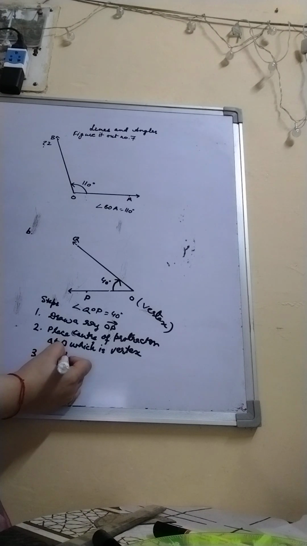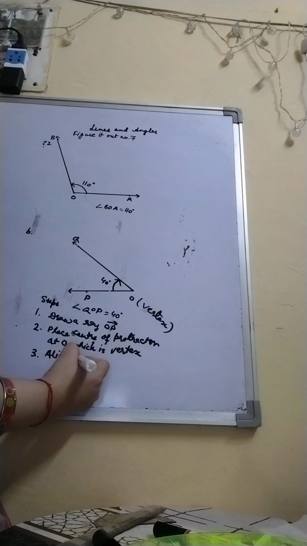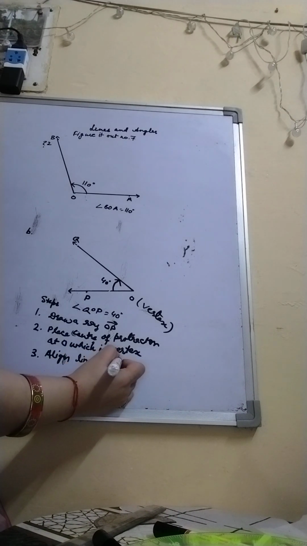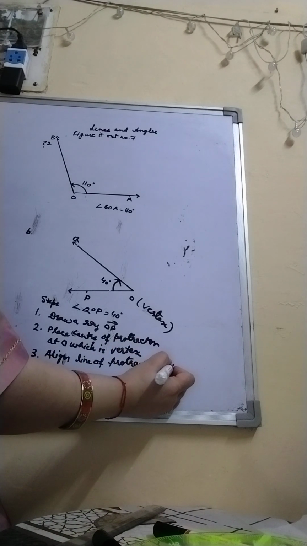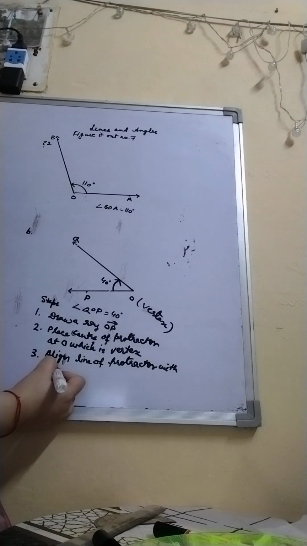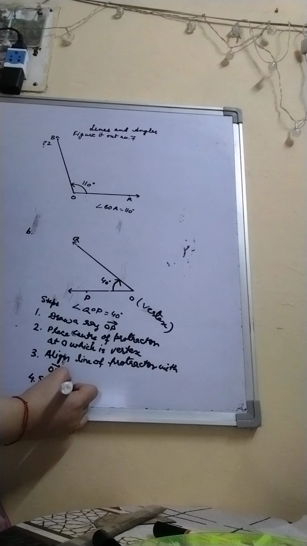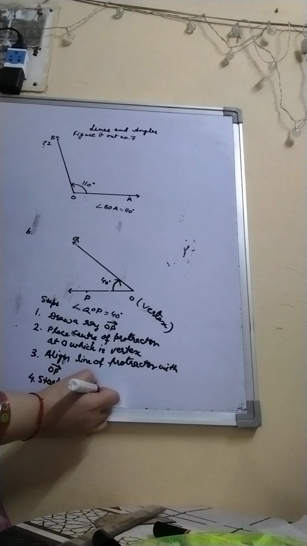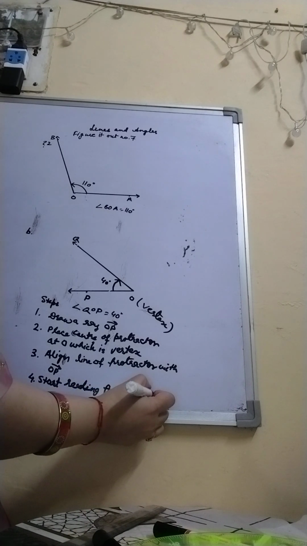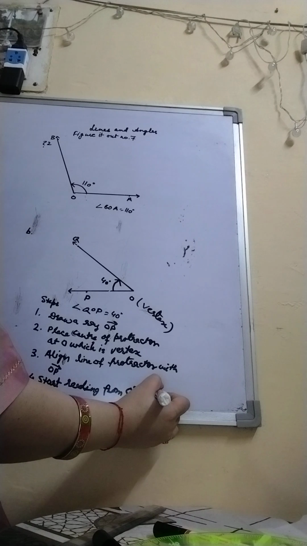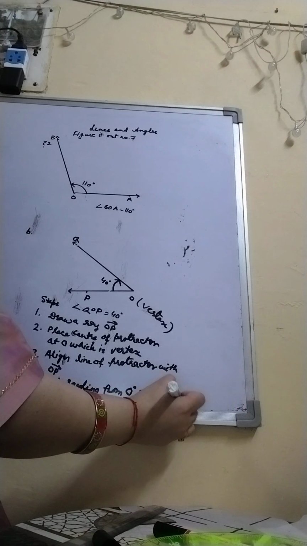Then you would say that align line of the protractor with OP, start reading from 0 degree and reach till 40 degree.